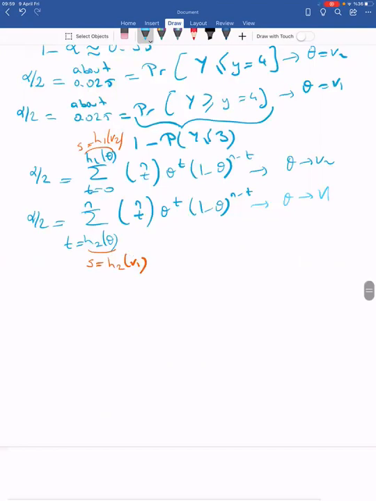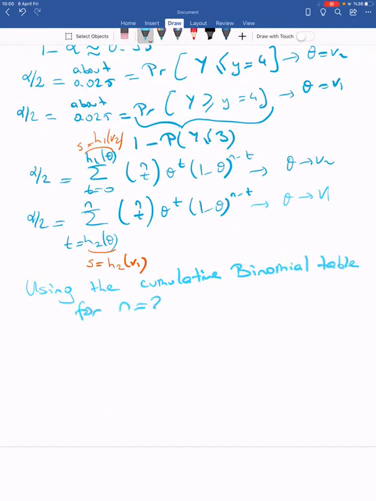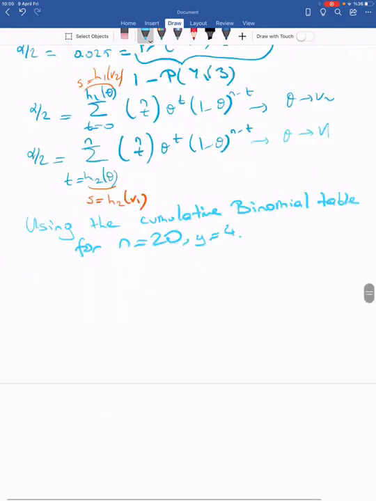Okay, so let's use the cumulative binomial table, specifically n equals 20 and y equals 4, because we obtain all these.